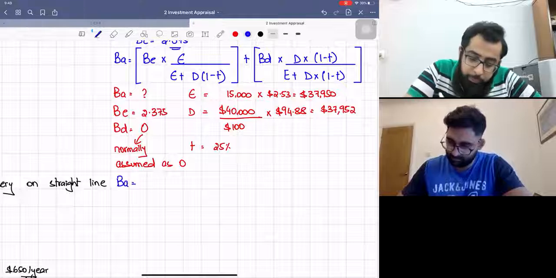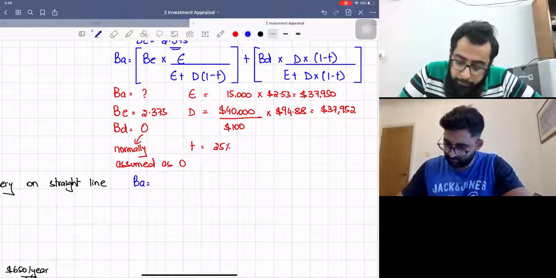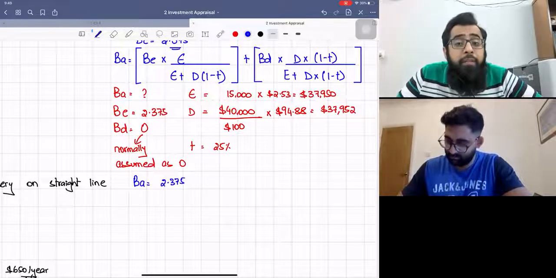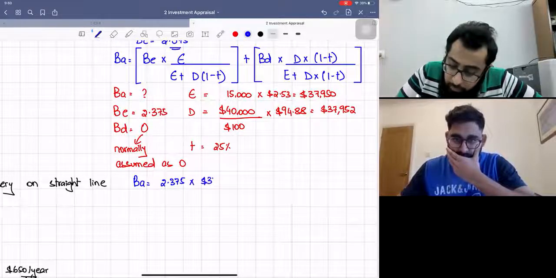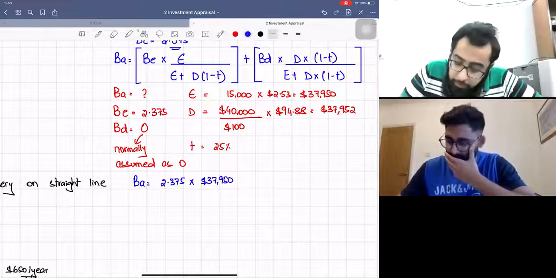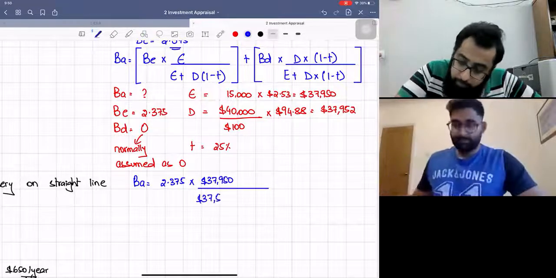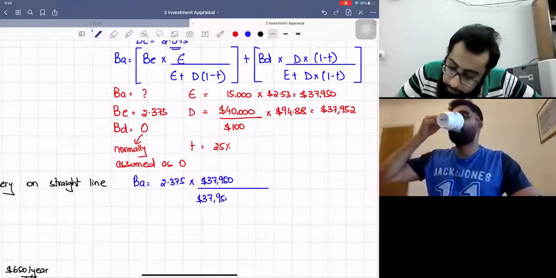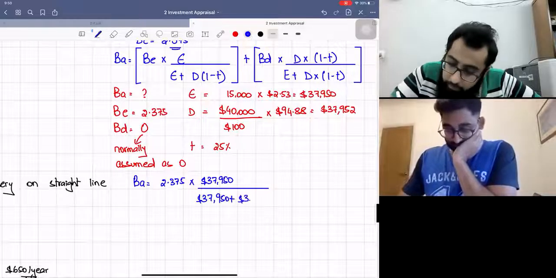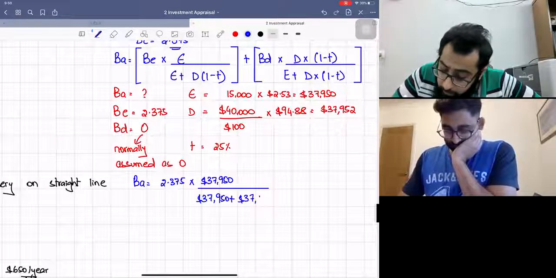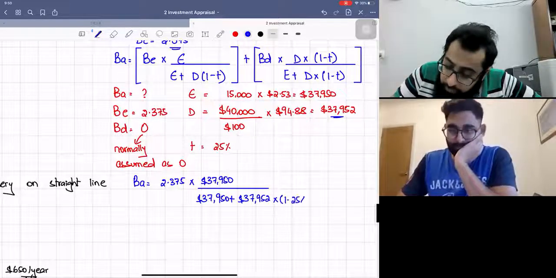Beta asset is equal to beta equity 2.375 into equity 37950 divided by equity 37950 plus debt 37952 into 1 minus 25%.